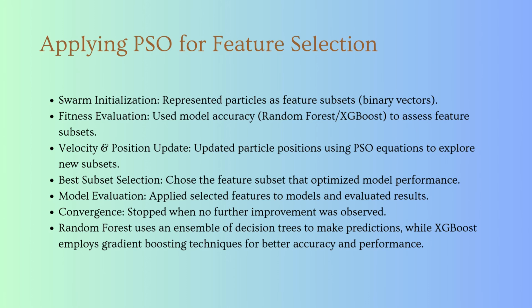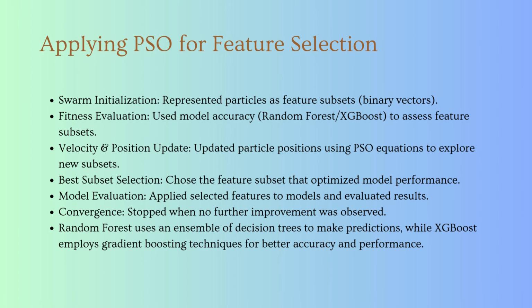The next one is fitness evaluation. The fitness of each particle is assessed using a classification model, typically random forest or XGBoost. The model's accuracy serves as the fitness function, evaluating how well the selected features can predict diabetes.